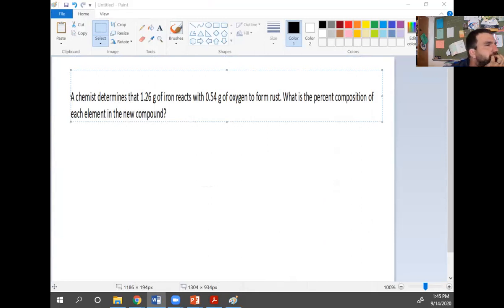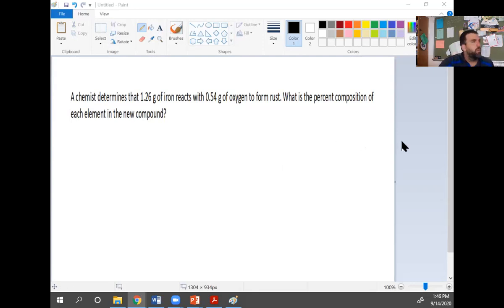Is this where it's the molar mass over something times 100? Tell me when we're ready to work this out. Everybody ready?